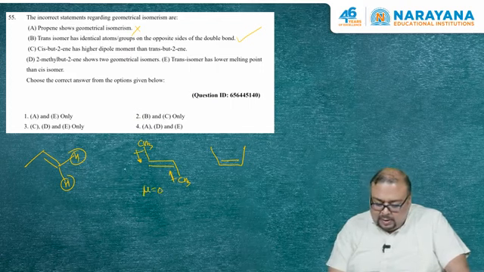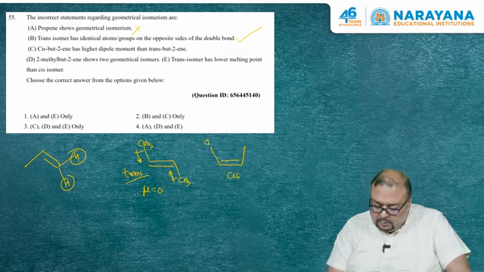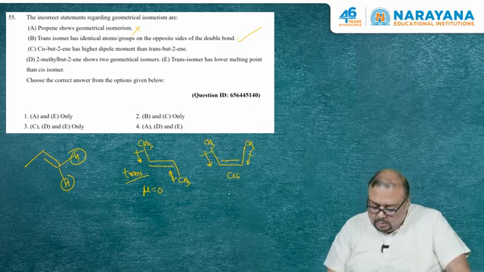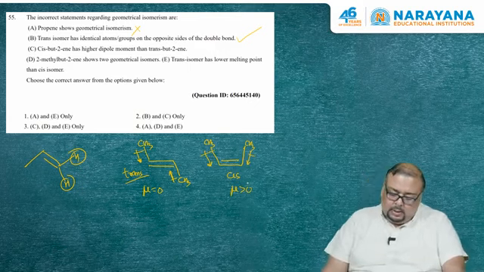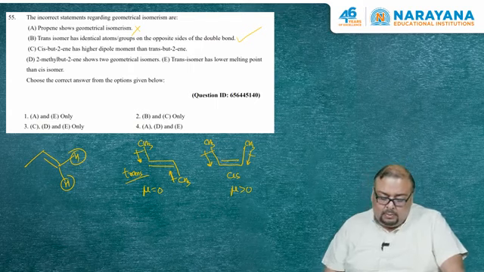So in the case of the trans isomer, mu will be equal to 0, while in the case of the cis isomer, the dipole moment vectors are aligned along these directions. So mu will be greater than 0. So the cis isomer will have a higher dipole moment than the trans isomer in the case of butene. So this is a correct statement.